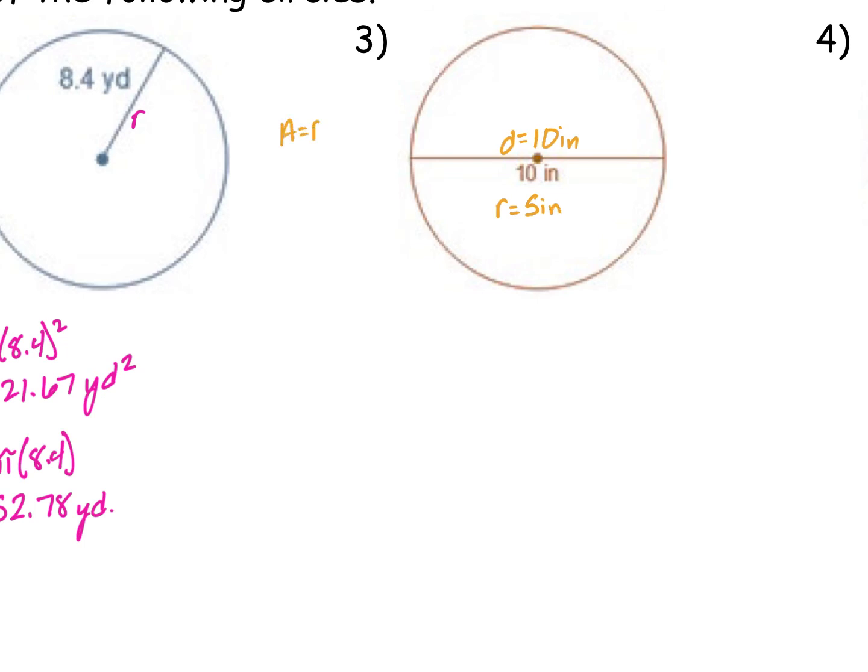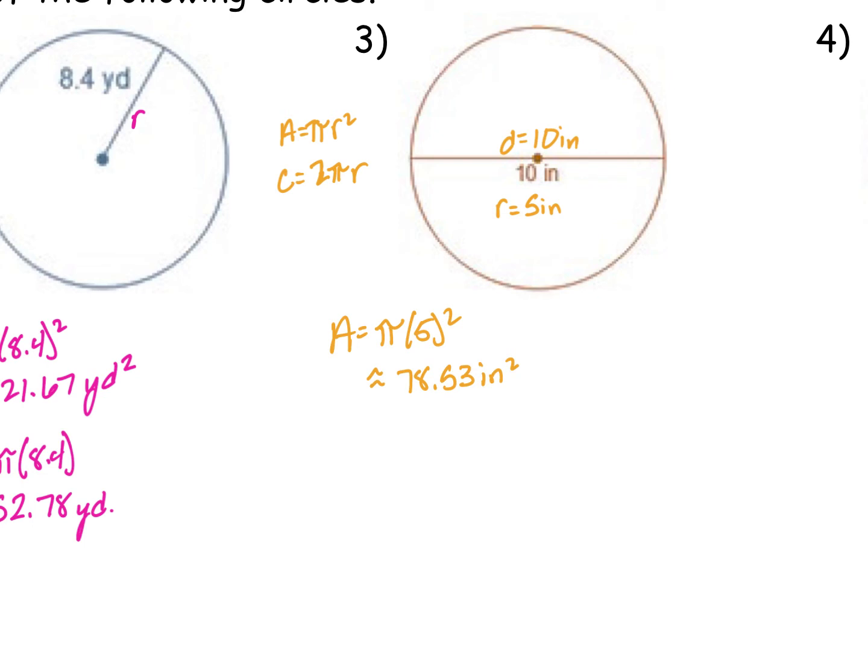Area still equals pi r squared, and circumference is 2 pi r, because we know it. Let's just learn one of them, makes it super easy. So area is going to be pi times 5 squared. Put it into your calculator and you should get 78.53 inches squared.